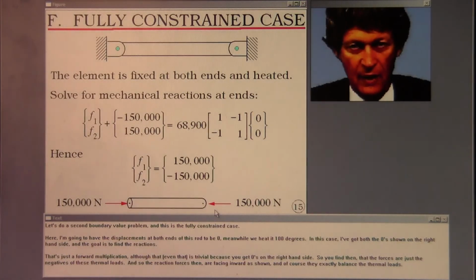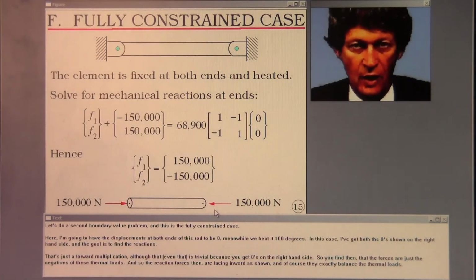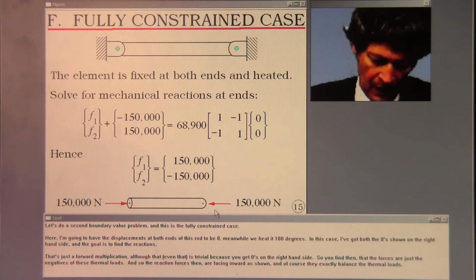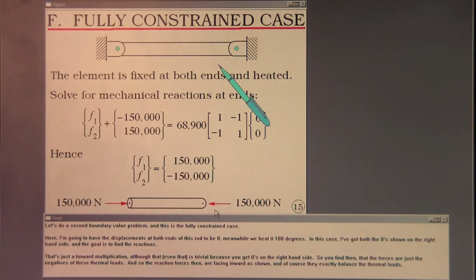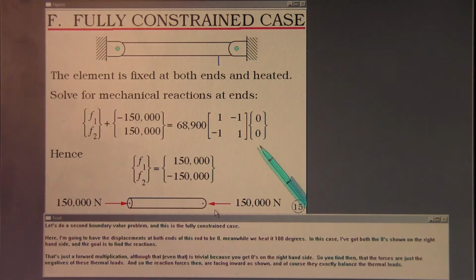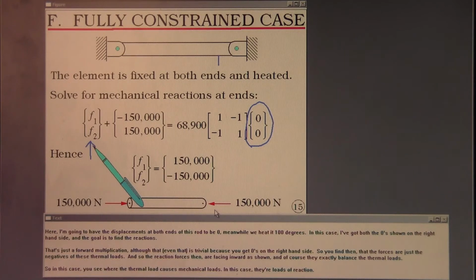Let's do a second boundary value problem, and this is the fully constrained case. Here I'm going to have the displacements at both ends of this rod to be 0. Meanwhile, we heat it 100 degrees. In this case, I've got both the zeros shown on the right-hand side, and the goal is to find the reactions. That's just a forward multiplication, although even that is trivial because you get zeros on the right-hand side.